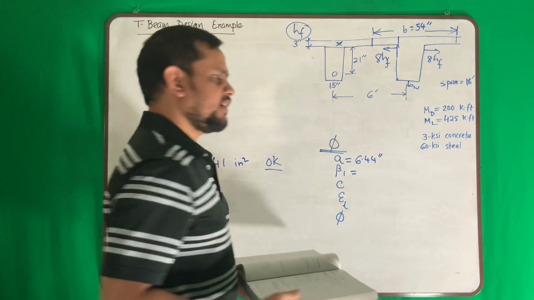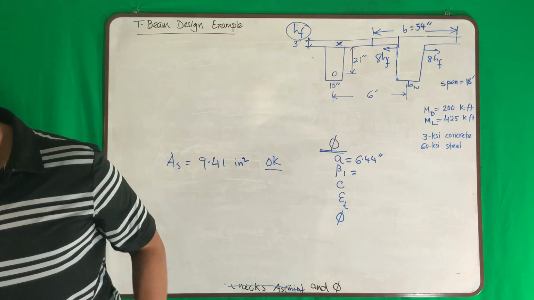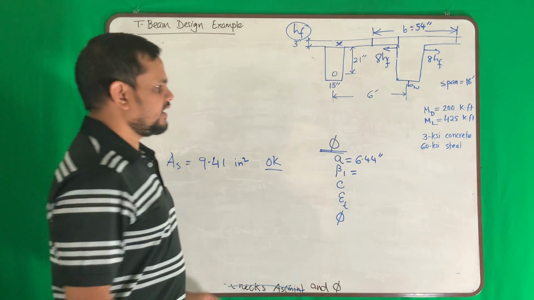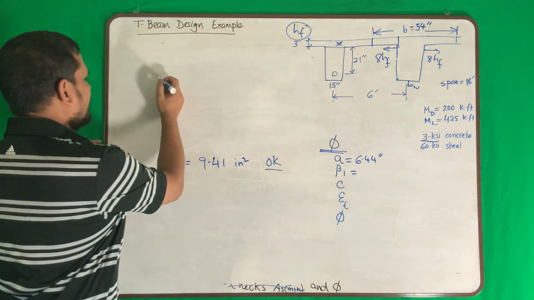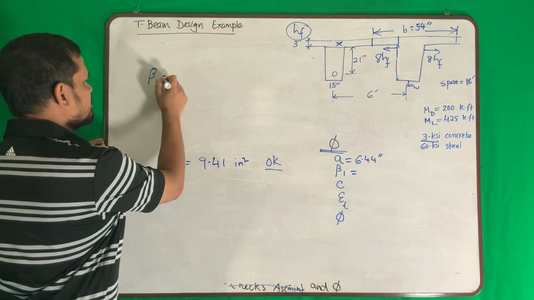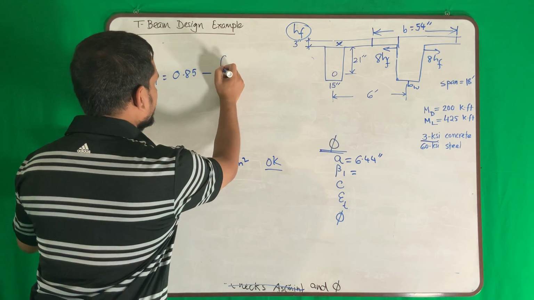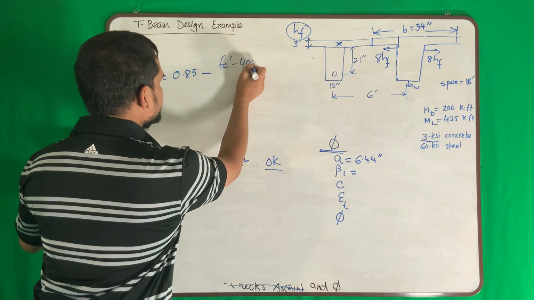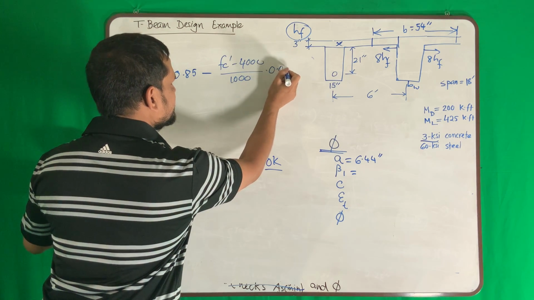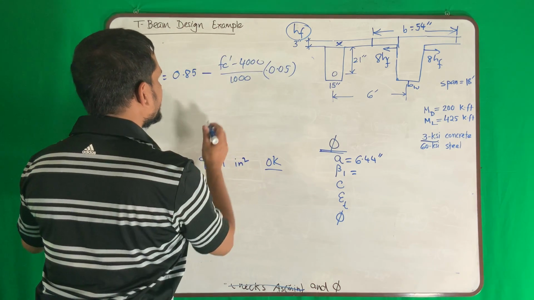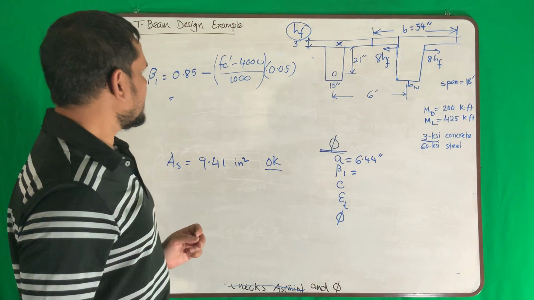What is my beta 1? If you can remember, it is 3 ksi concrete. That means my beta 1 equation was 0.85 minus (f'c minus 4,000) divided by 1,000 times 0.05. There was an equation similar to this, if I am not wrong.